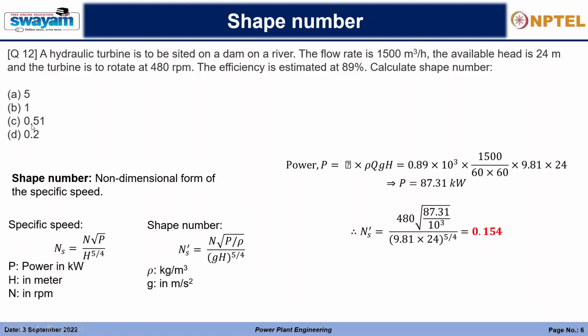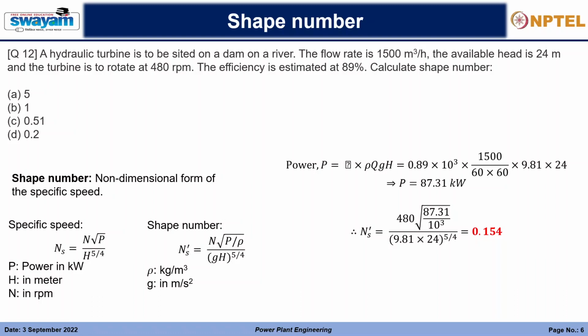But no value here actually matches this. I think this C part should have been 1.5, not 5.1. So I will again communicate with the question makers to resolve this issue, and I will send you the final answer regarding this.